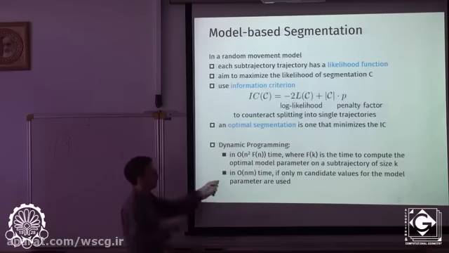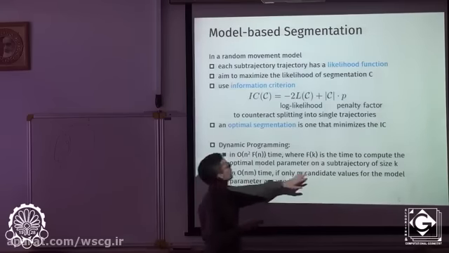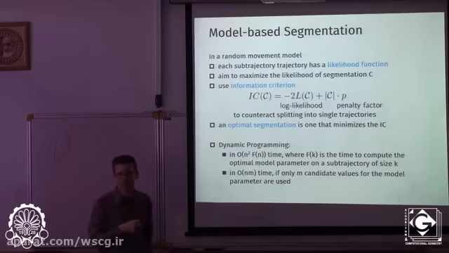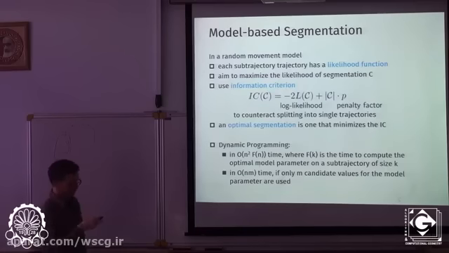Or if I already know which diffusion coefficients, I have a discrete set of diffusion coefficients as candidates, so I know I want to fit to a subset of these, then I can have a dynamic programming table where I have a row for each candidate, and then I get an order n times m algorithm. But instead of going into detail about this algorithm, I'd like to move on to the classification or clustering problem.